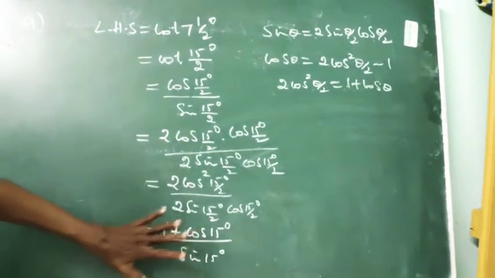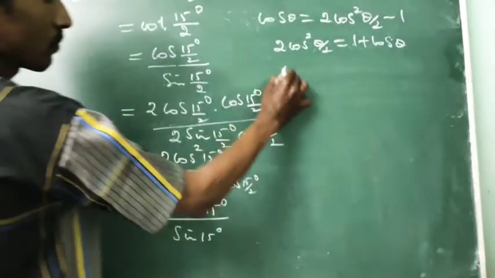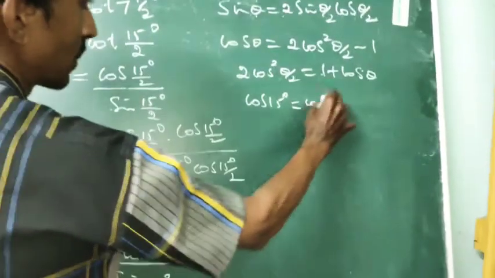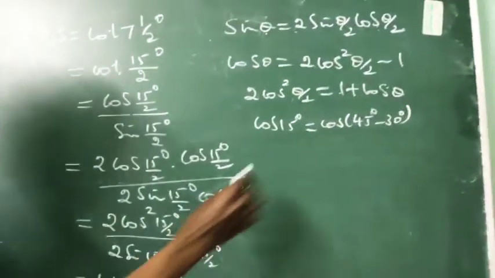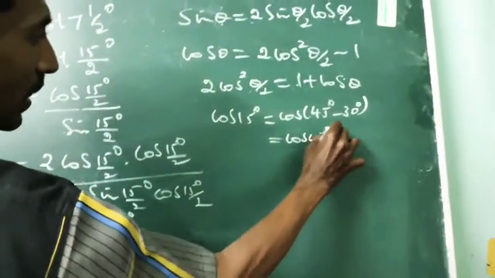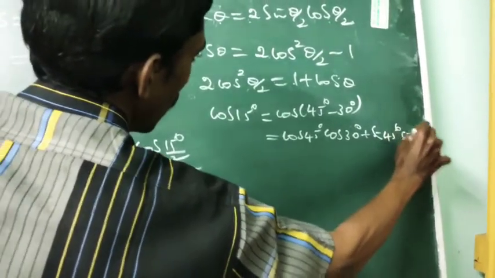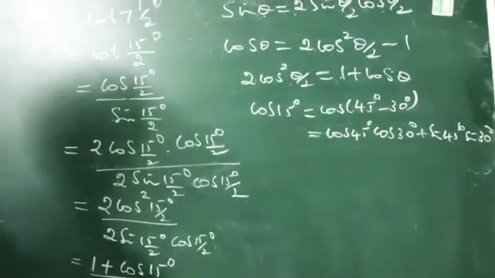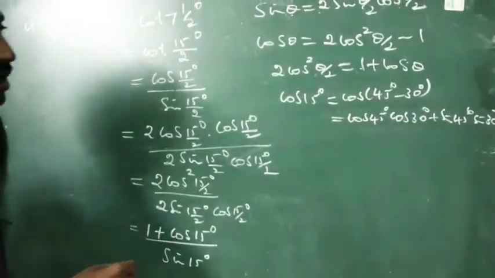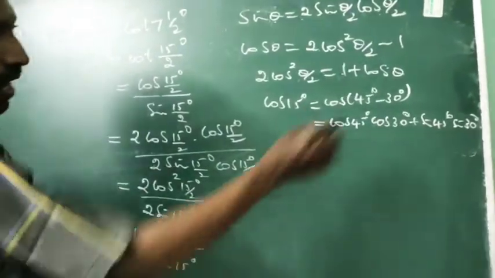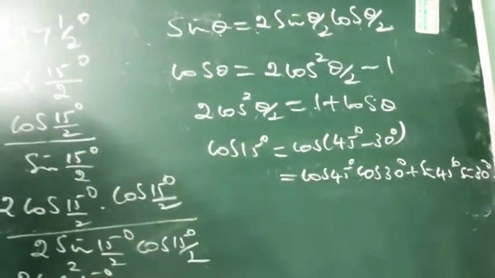My dear students, we already know how to find cos 15 and sin 15. Cos 15 can be written as cos of 45 minus 30, converting into known angle values. Using cos(A minus B) equals cos A cos B plus sin A sin B: cos 45 and sin 45 are both 1 by root 2, cos 30 is root 3 by 2, and sin 30 is 1 by 2.